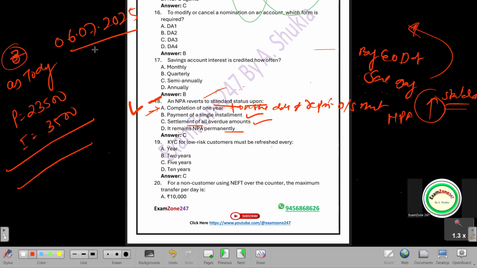See, means on 6/7/2025 if he has deposited the total amount, then on 6/7/2025 it will be assumed as a standard account.